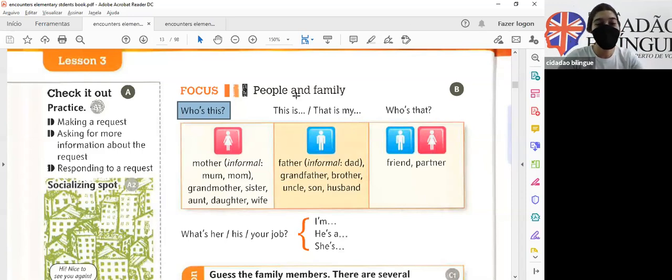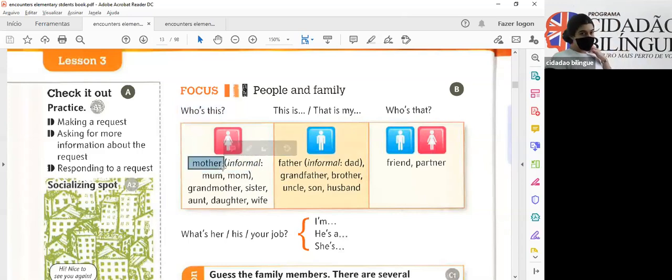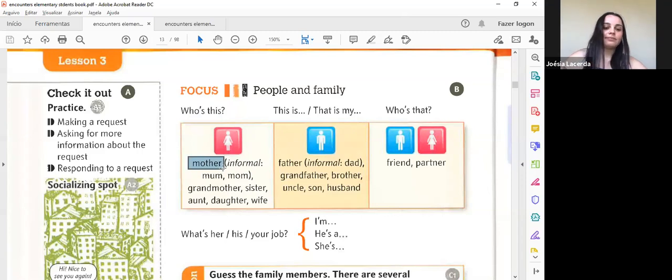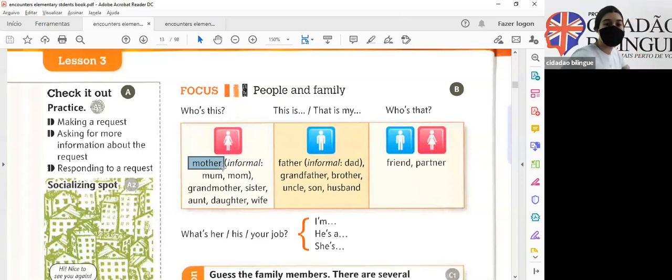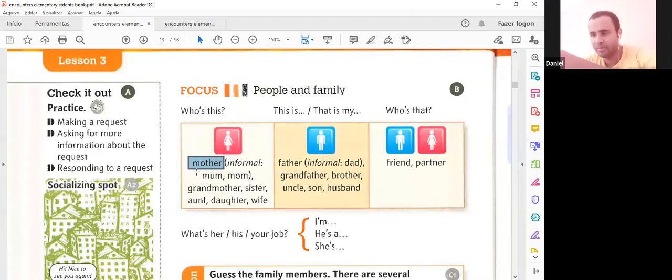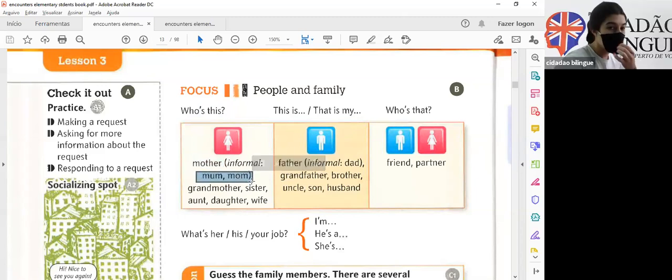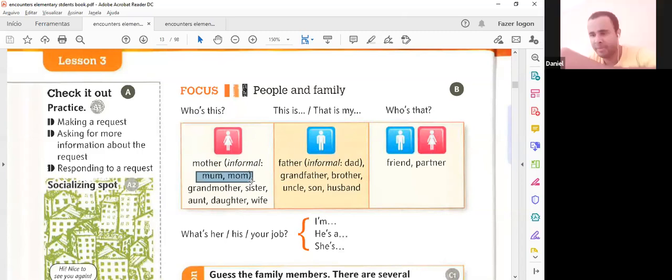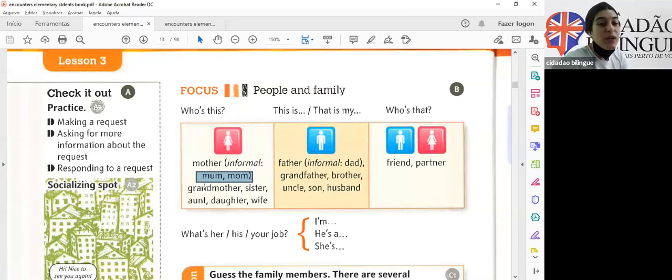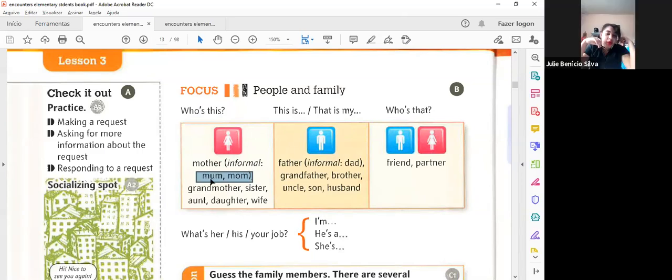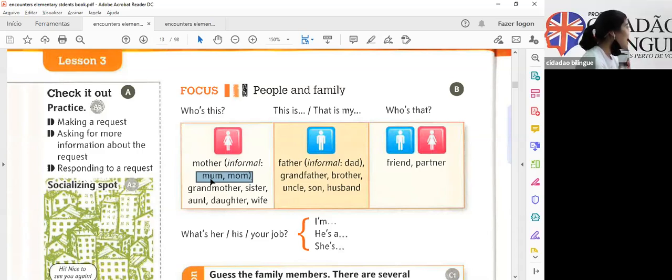All right. So you guys, please repeat with me. Mother. Very good. One more time. Mother. Very good. And we also have the informals, which is mom, like an O, mom. And mum, we have with a U also. It's so different, but the U is like ma, and the O is like mom.